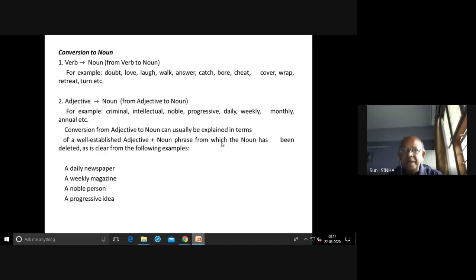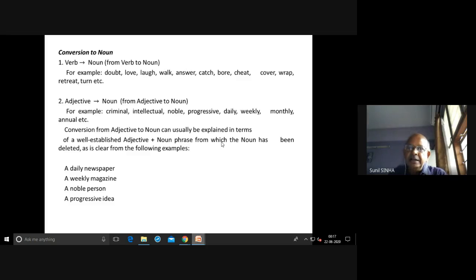For example, this is a criminal act. Now this is an adjective. And when we say he is a criminal, criminal is a noun.